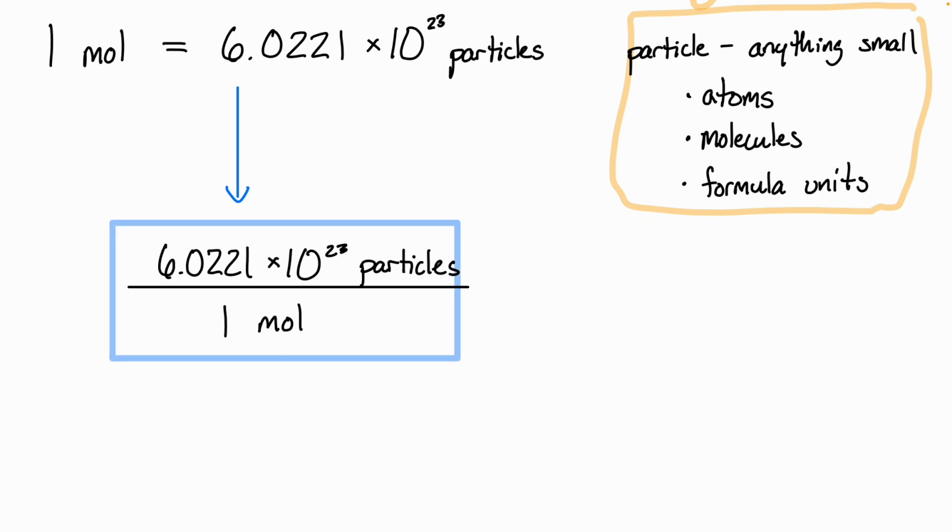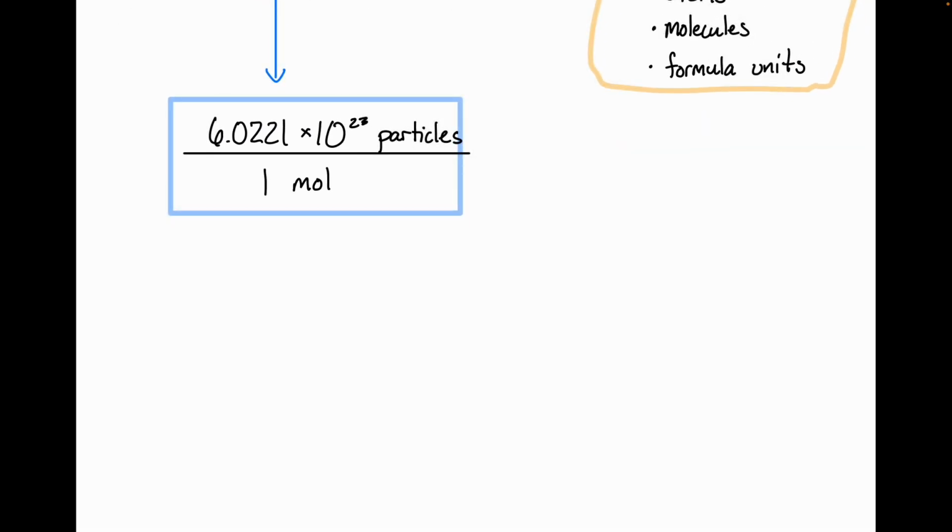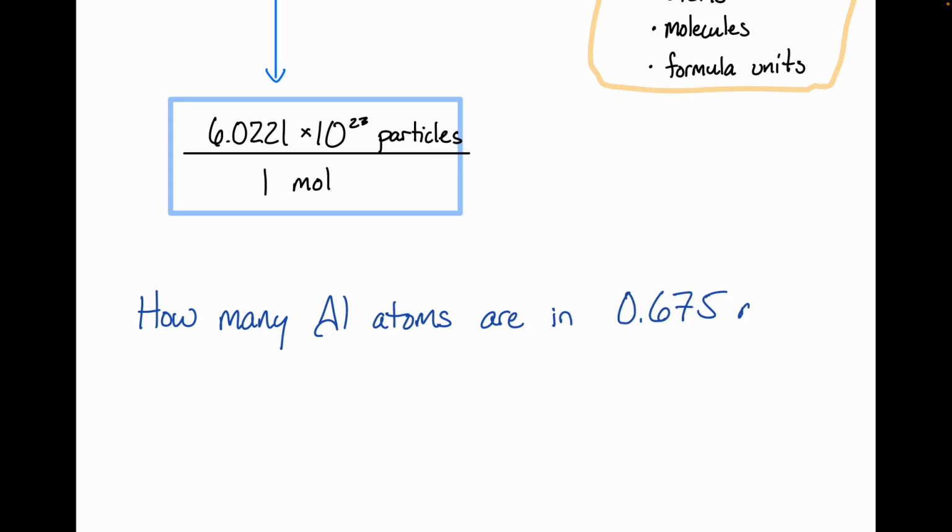All right, so let's take a look at one such problem here. How many aluminum atoms are in 0.675 moles of aluminum?